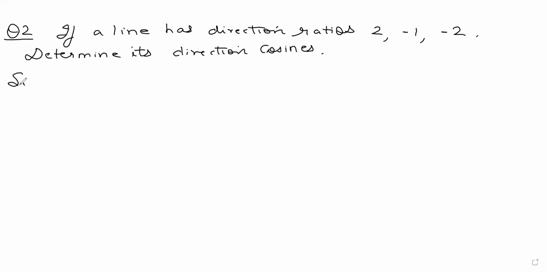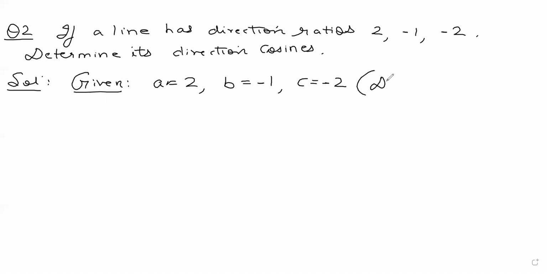So all students can recall, what is given to us? We are given the direction ratios. Now guys, how do I denote direction ratios? A is equal to 2, B is equal to -1, C is equal to -2. These are my direction ratios of the line. Now I need to find direction cosines.